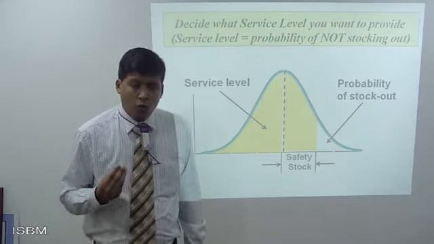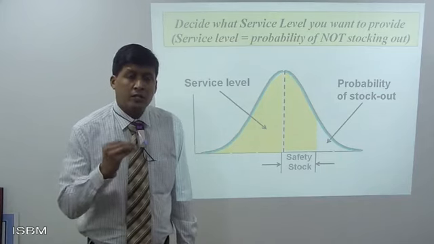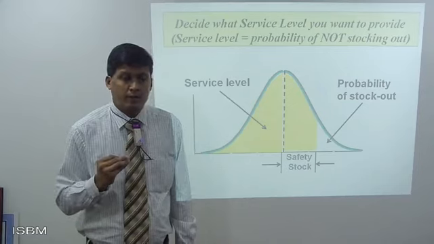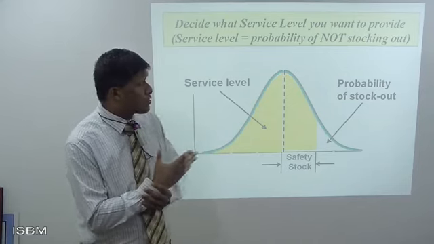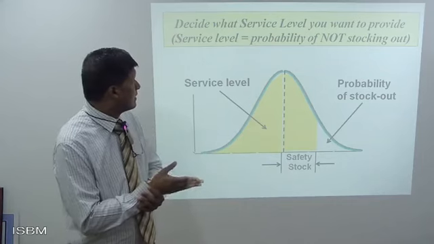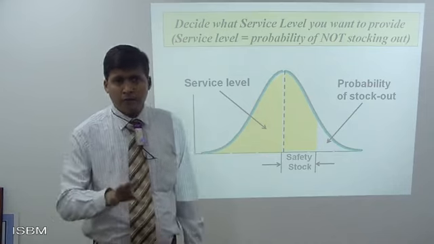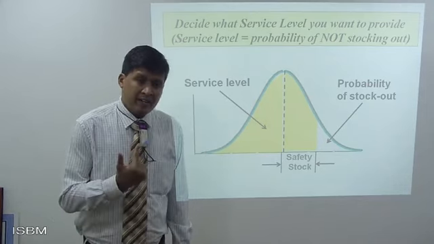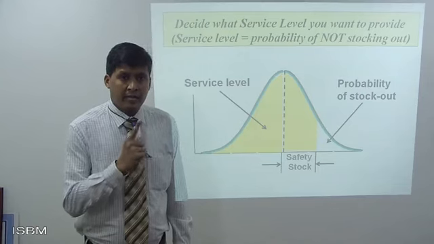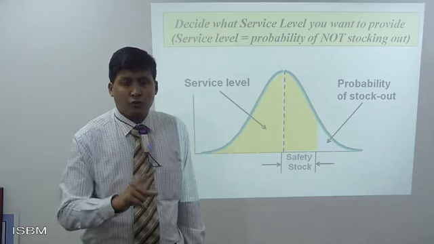So order quantity Q in this will change, because we don't want to really miss out on services being offered as well. That means you decide what service level you want to provide. Service level is the probability of not stocking out. How do you define service from an inventory perspective? Service from an inventory perspective is equivalent to the probability of not stocking out.